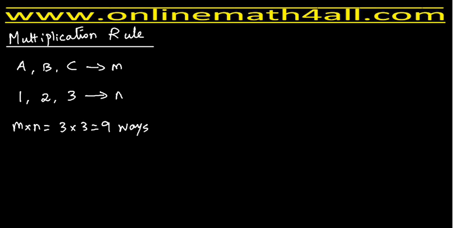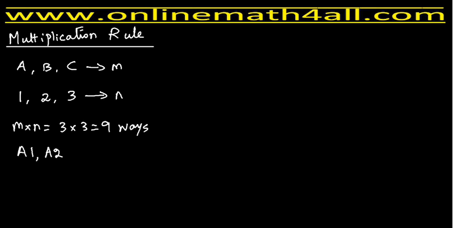Let us see how we get 9 as the answer. To go to school, let us consider the first option. The student goes to school in the bus A and he comes back from the school in number 1 taxi. So A1 is a way to go to school and come back from school. Then he goes to school in the bus A and he comes back from the school in number 2 taxi.